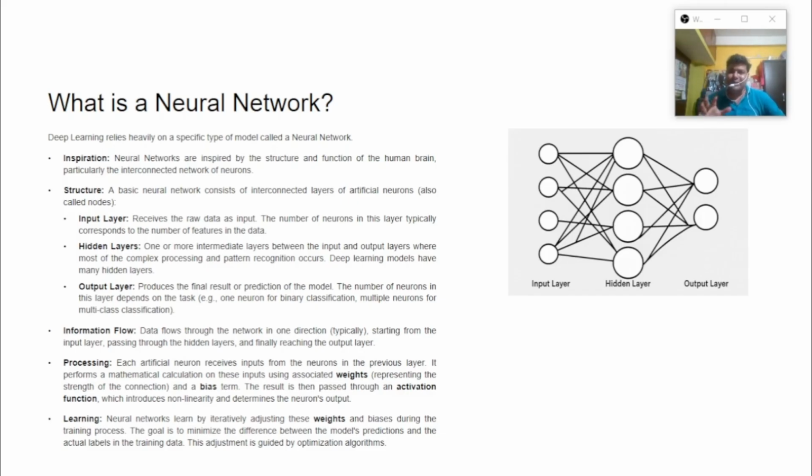The basic structure consists of three layers: input layer, hidden layer, and output layer. The input layer receives the raw data as input. The hidden layers are one or more intermediate layers between the input and output layers, where most of the complex processing and pattern recognition occurs. And the last one is the output layer, which produces the final result or prediction of the model.